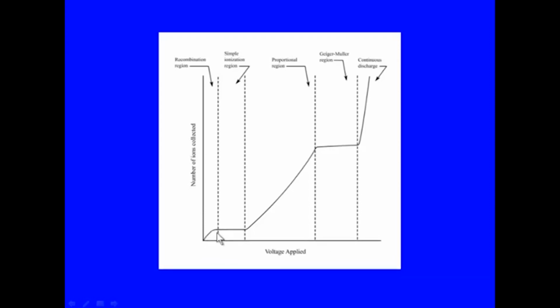The first region shows a starting point where not many ions are being collected, and this region is called the recombination region, where most of them will recombine. The second region is the simple ionization region, which, if you can see, is a plateau where the number of ions collected is almost constant as the voltage increases.